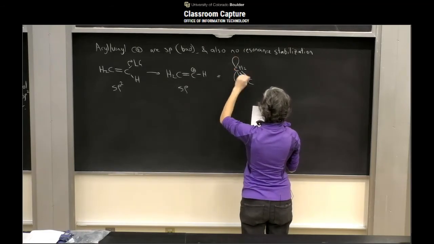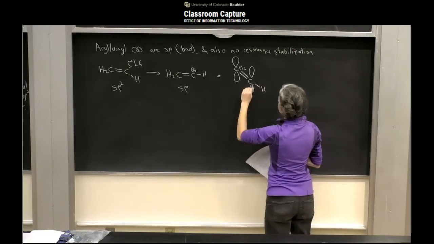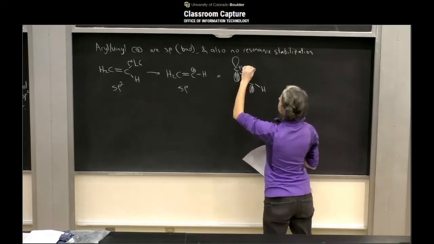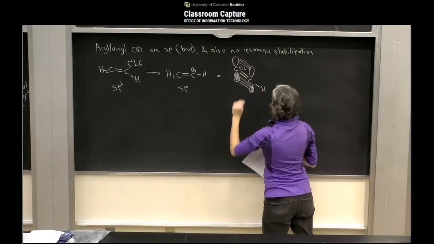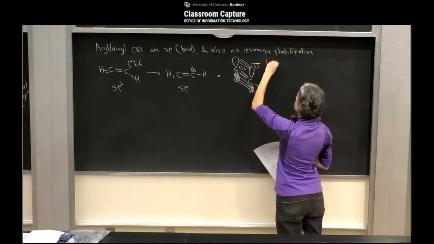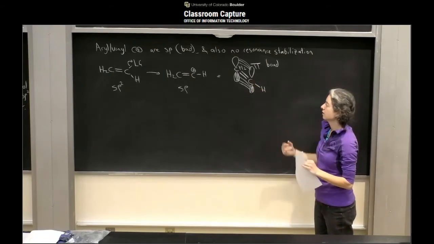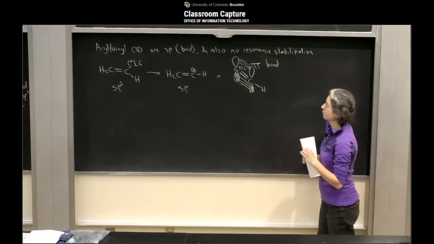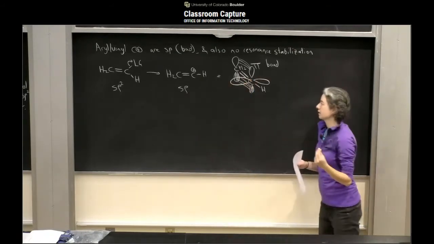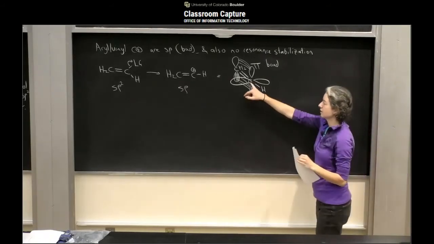Okay, so I'm going to do the pi bond here between the two carbons as vertical p bonds on both atoms. So that's where the pi bond is coming in. But then the other p orbital, the empty p orbital on this carbon, based on the orbital geometry, we know is going to have to stick out perpendicular to that. So there's no orbital stabilization possible between this and the pi bond.